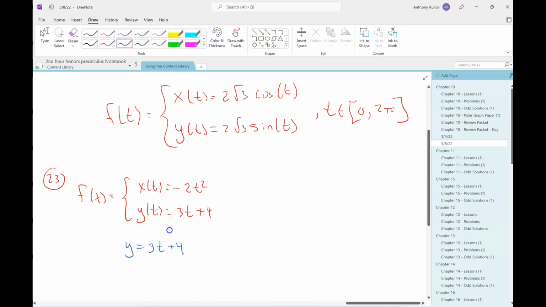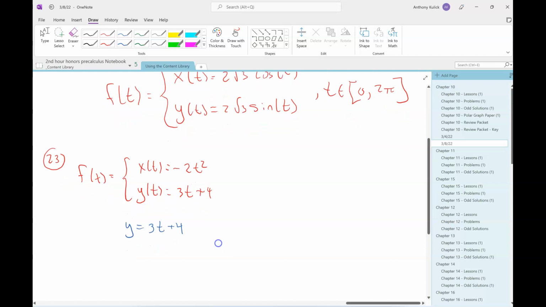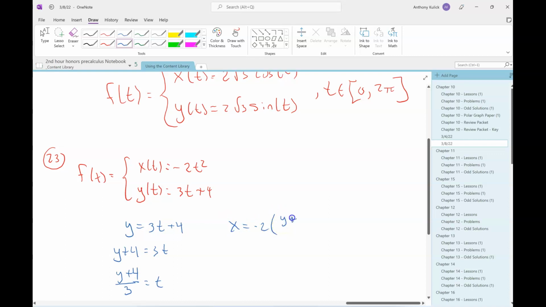What I would do in this case is I would just start with the y coordinate instead of the x and isolate the t. And then we'll go back and plug that in for t into my equation for x.